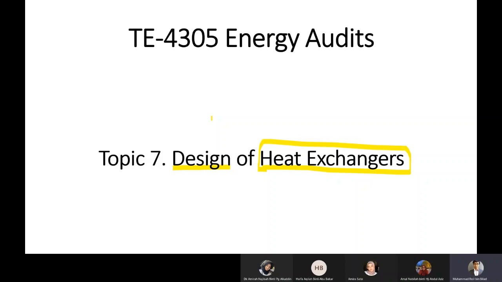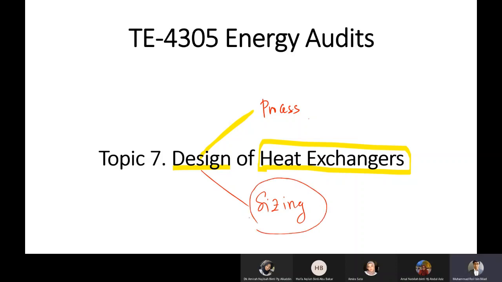The first is process design. And the second one is sizing. Since you are not process engineers, most of the aspects I will discuss later on are on sizing.